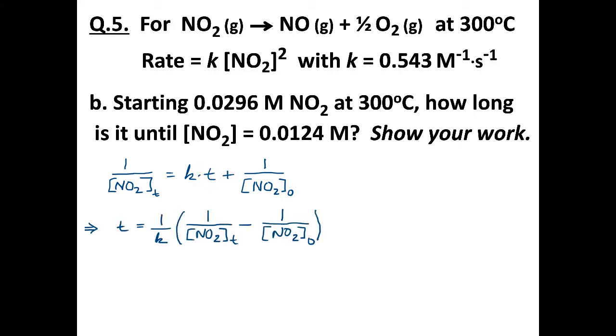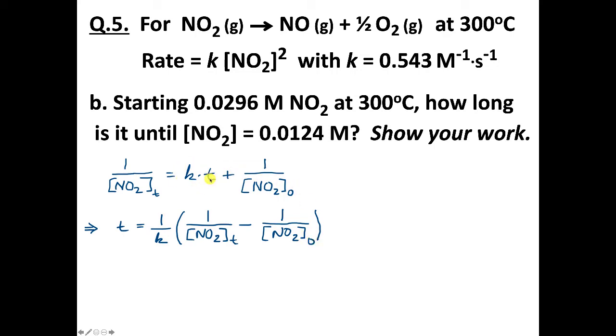So here, rather than just plugging in numbers, I'm doing the algebra to solve for t. So to get t by itself, first you subtract 1 over NO2 at time 0 from both sides. So 1 over NO2 at time t minus 1 over NO2 at time initial, or time 0, will then equal kt.